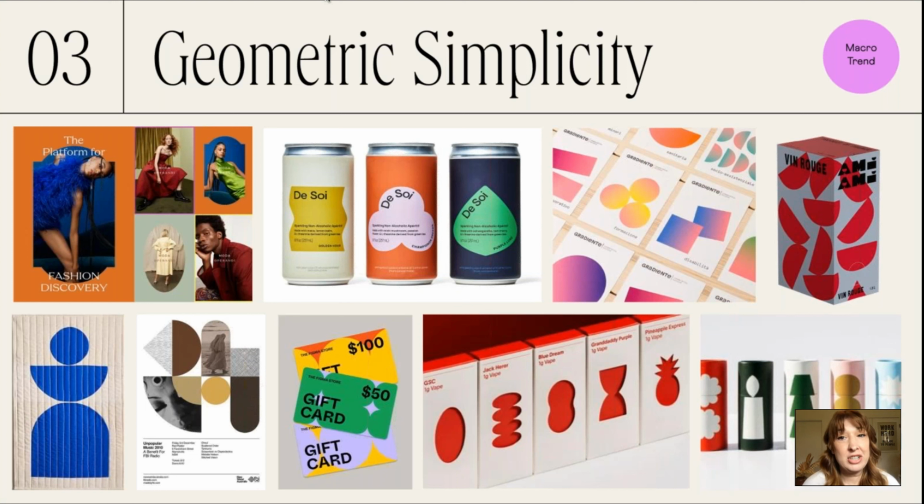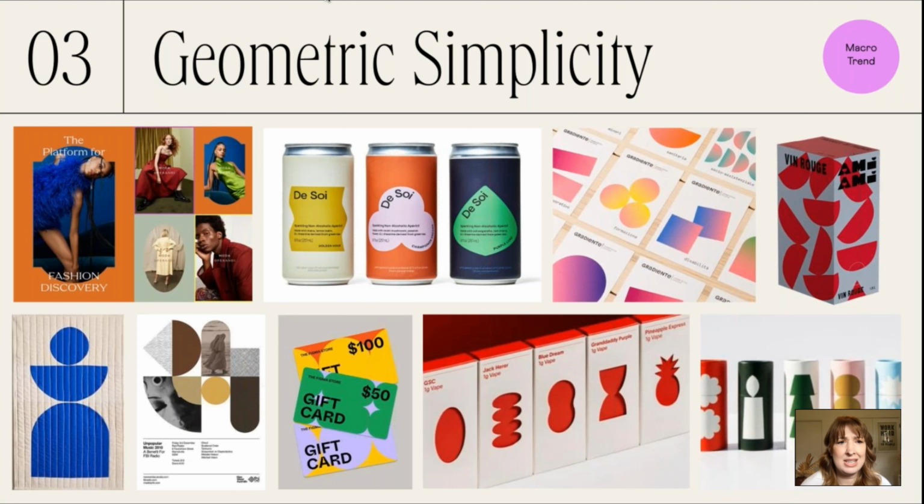Trend number 3, geometric simplicity. This is a big macro trend that we've been seeing for a while now. And it's very much rooted in very simple graphic shapes. I especially think of half circles or these dome shapes as being a very iconic part of this trend.